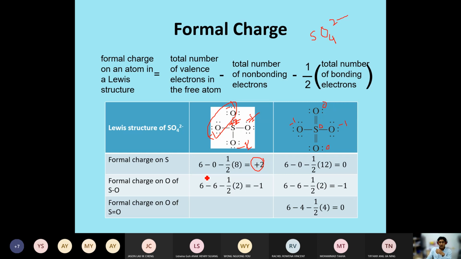So which one should be the best choice for this structure? As we say for formal charge, the one with less formal charge will be the most stable.